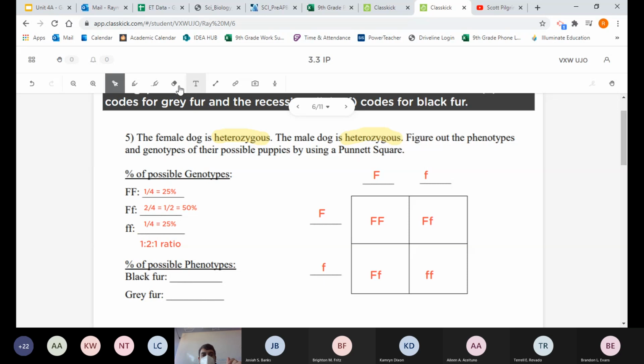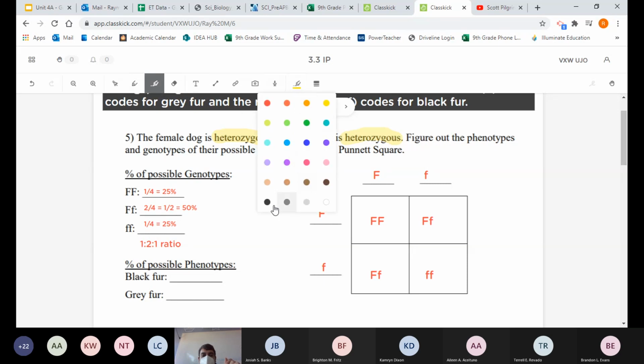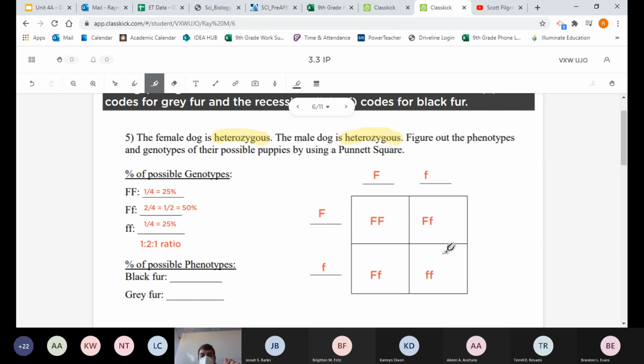When it comes to black fur, I'm going to make this black. This is black, right? This one. Little f, little f. I guess I should do one more to make it look gray. There we go.